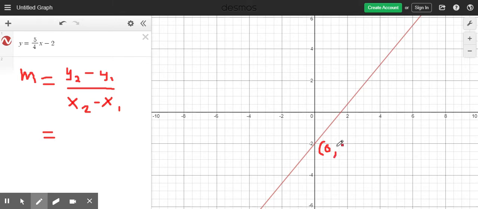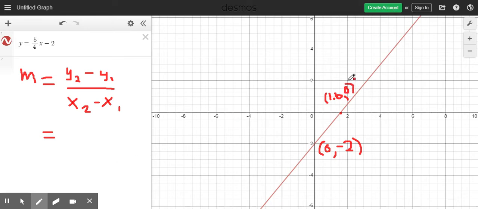Let's use the over 0 down 2. And for our x-intercept, we had over 1.6 up 0.